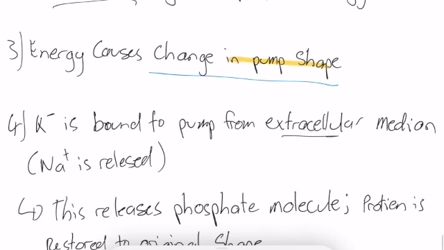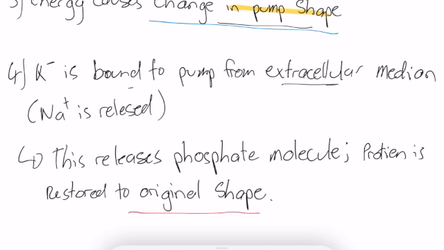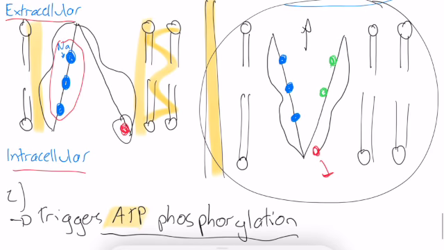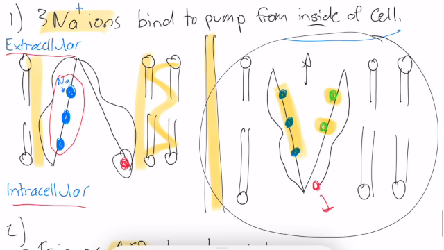So looking down, we can see that after this change in shape, the potassium ion is bound to the pump from this extracellular medium. So there are 2 potassium ions, symbolized in green. Furthermore, we see the removal of these sodium ions from this pump.